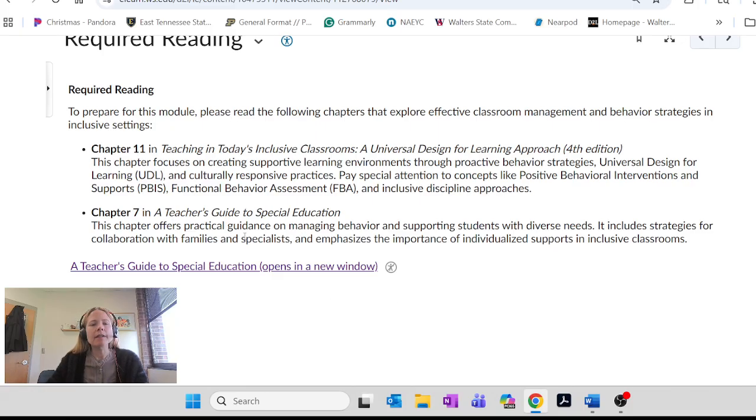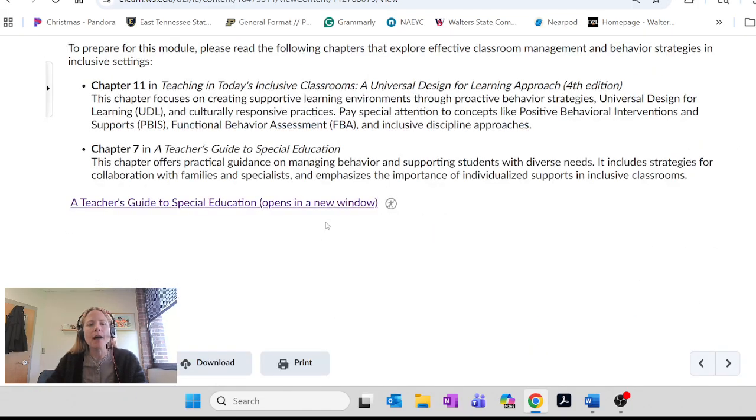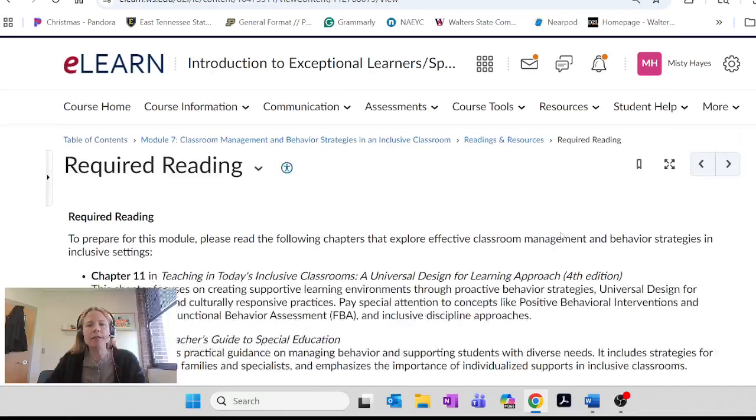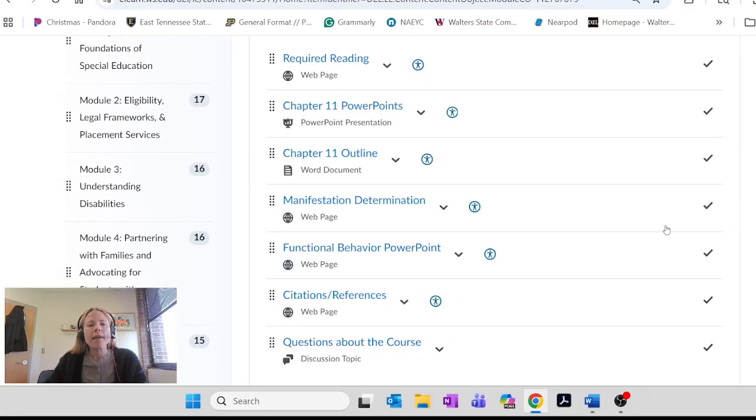In chapter 7 is really going to connect and go along with chapter 11, specifically looking at managing behavior and how do we support students. So it's really going to have those strategies you need when we're collaborating with families and specialists. So it's a really good idea for you. I went ahead and put the link here if you didn't download it or save it, so it's okay. So that's going to be your reading for this week.